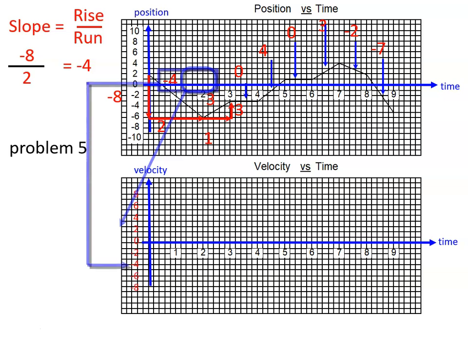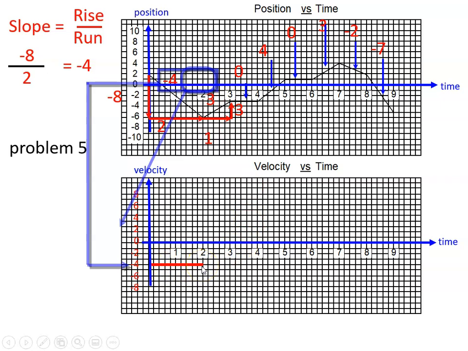For that first line segment, the slope was -4. What's the slope of a position versus time graph? It's velocity. So the velocity is -4 everywhere from 0 to 2, a horizontal line on the velocity versus time graph.